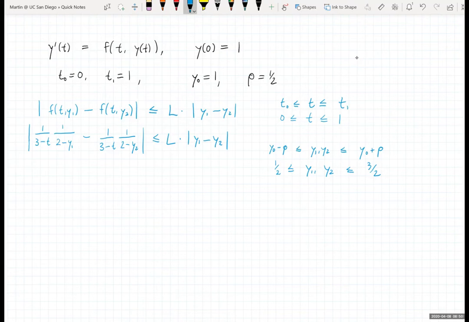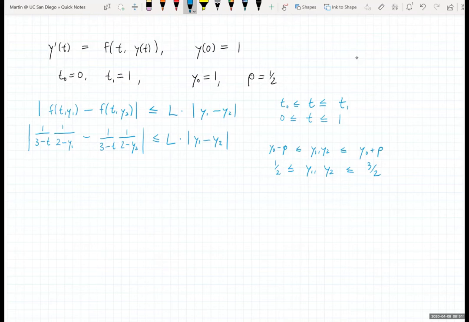What we try to find is a constant L with the following inequality, namely the absolute value of f of t, y1 minus f of t, y2 is bounded from above by L times the absolute value of y1 minus y2. And that is true for all values t between t0 and t1, which means all values t from 0 to 1.